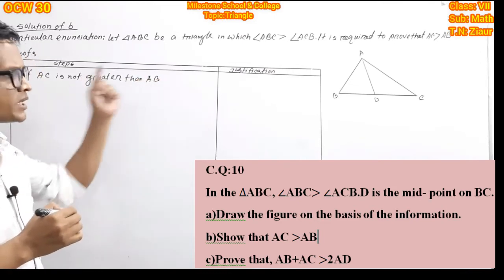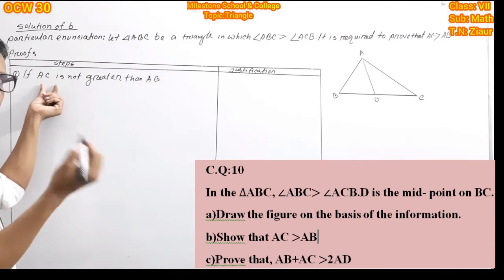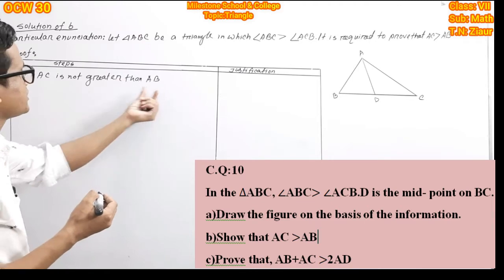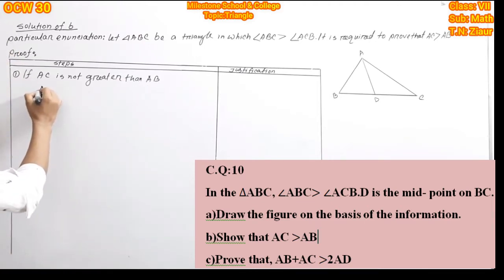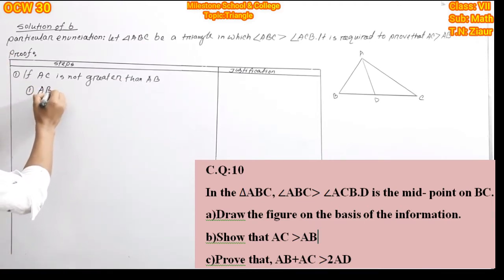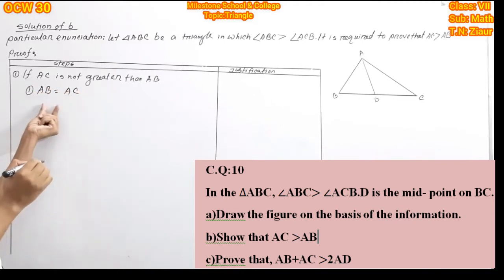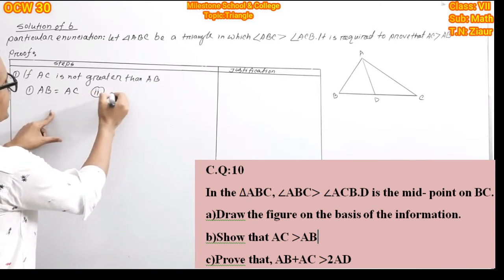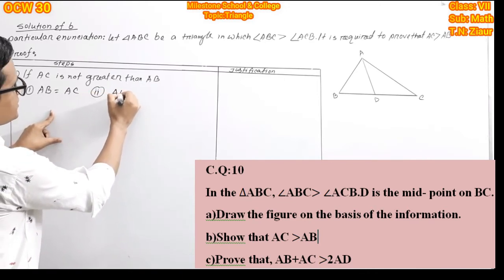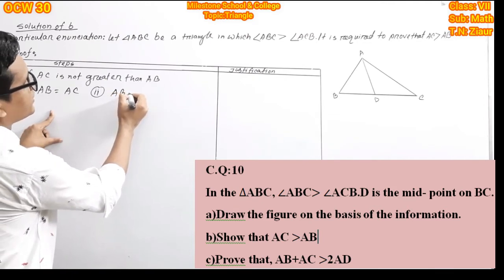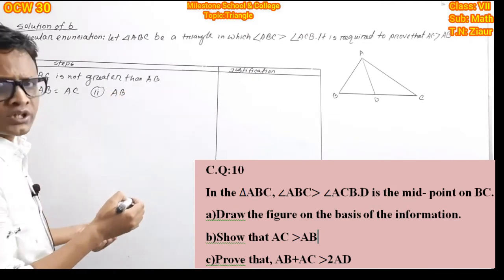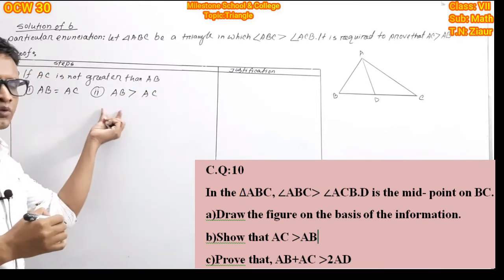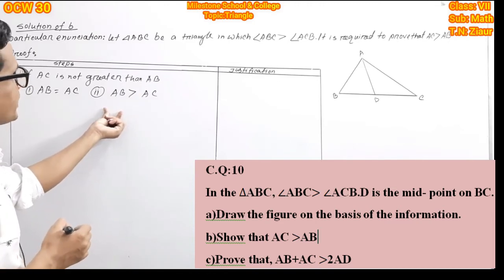By the method of contradiction, if AC is not greater than AB, that means either one, AB is equal to AC, or two, AB is greater than AC. Since AC is not greater, obviously AB is greater than AC. These two cases we have to write now.